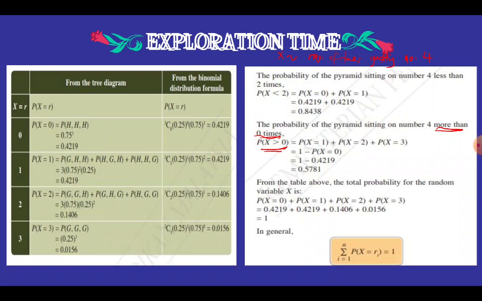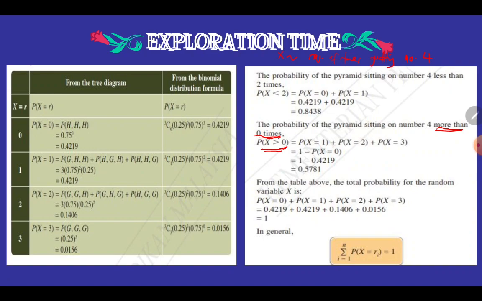Or, if you are clever enough, you can say that for x equals 1, x equals 2, x equals 3, the complement is x equals 0. We understand that the total probability is equal to 1. So the sum of the probabilities for x equals 1, 2 and 3 will be the same as 1 minus the probability of x equals 0, the complement.